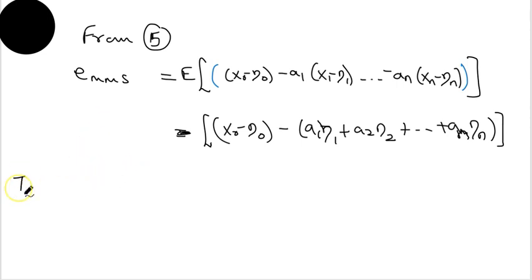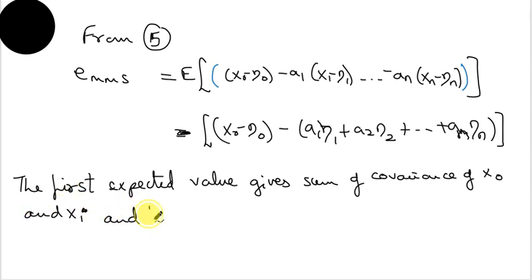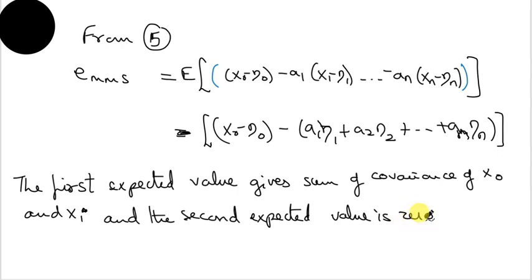So the first expected value gives the sum of covariance of x naught and xi. The second expected value is 0.